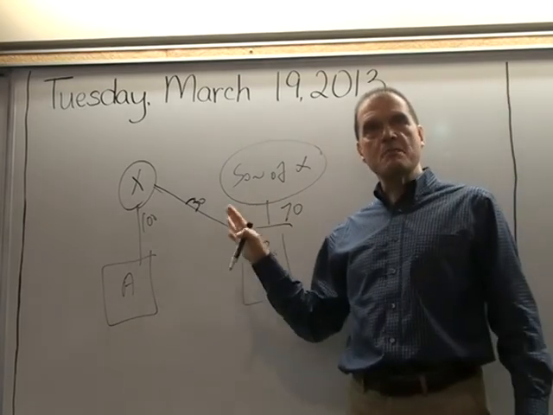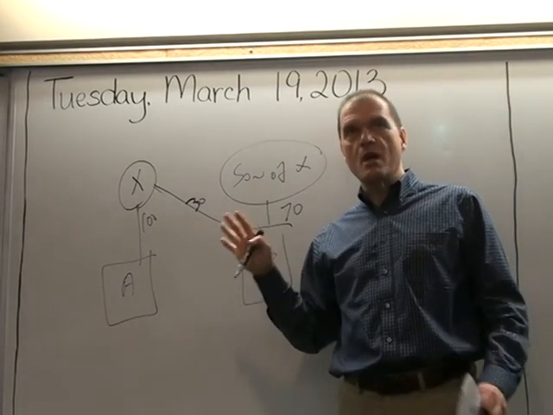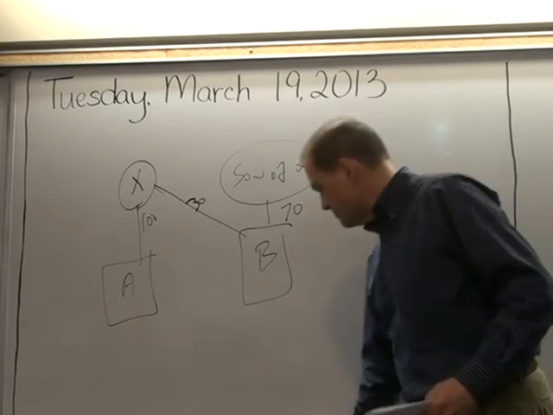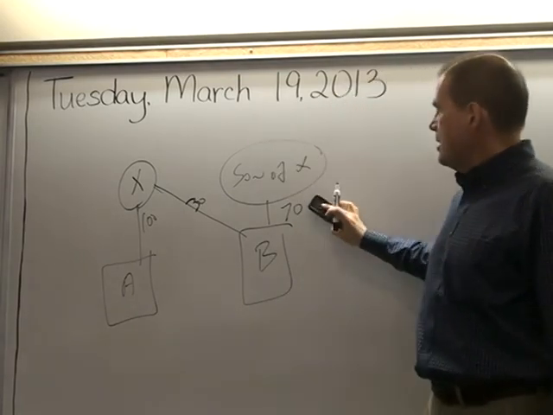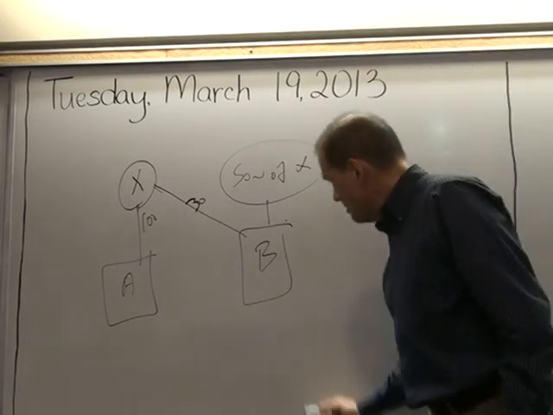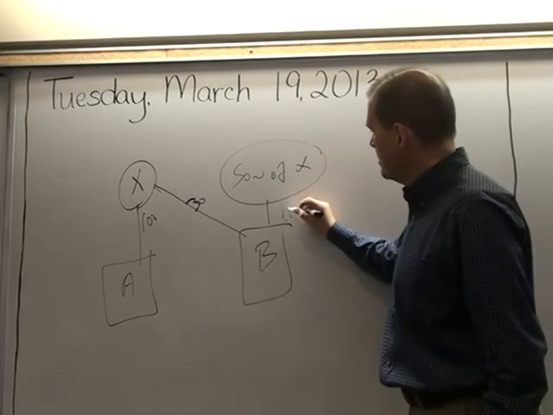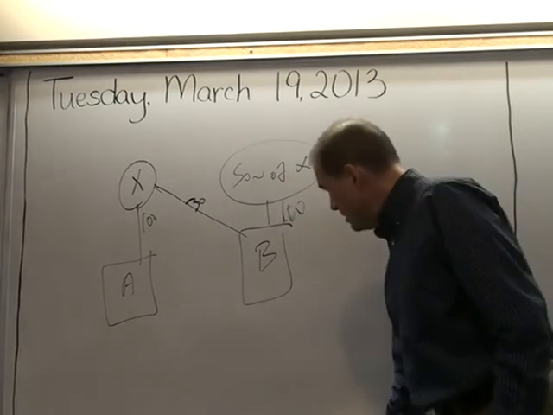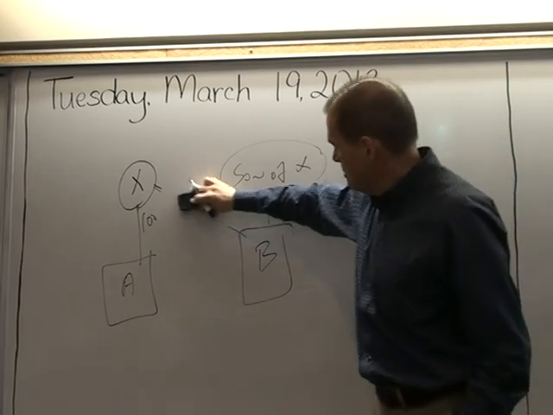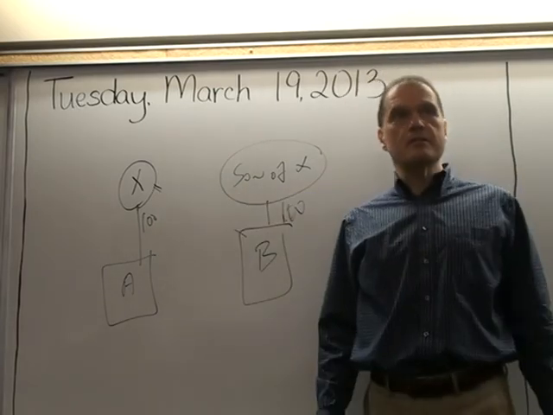Now I'm going to change these numbers slowly, and please watch carefully and see what I do. If I make this 100, and this 0, not associated.